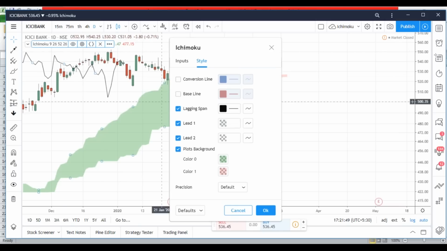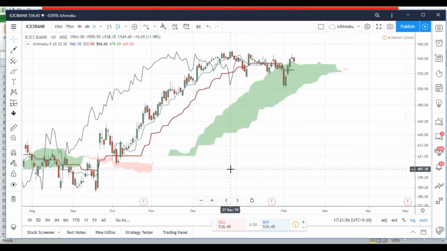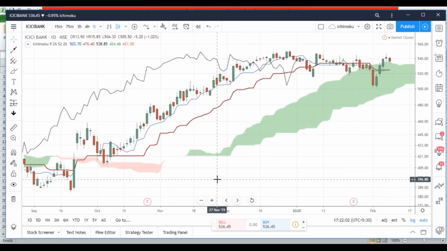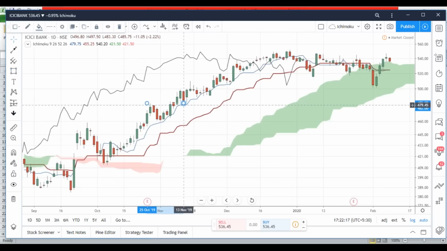Let me explain from here. Let's say, okay, here we can see at this point price touched the Tenkan. So the first pullback, and this is the second time it touched the Tenkan.